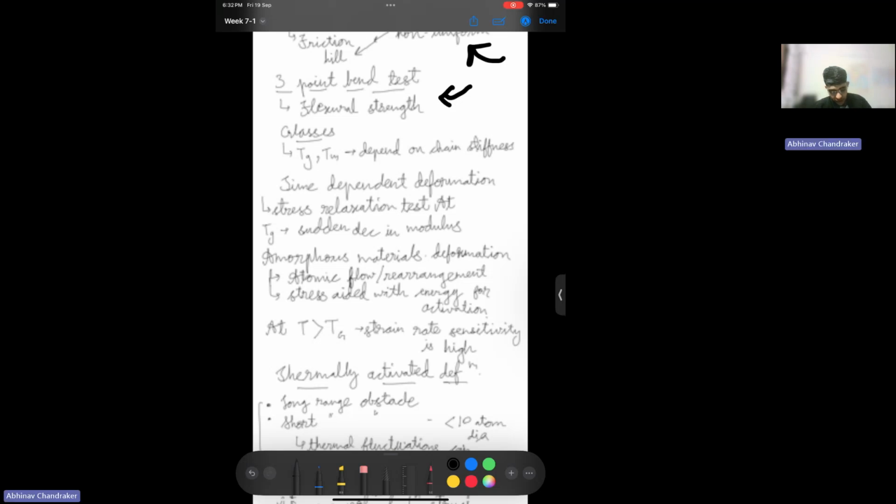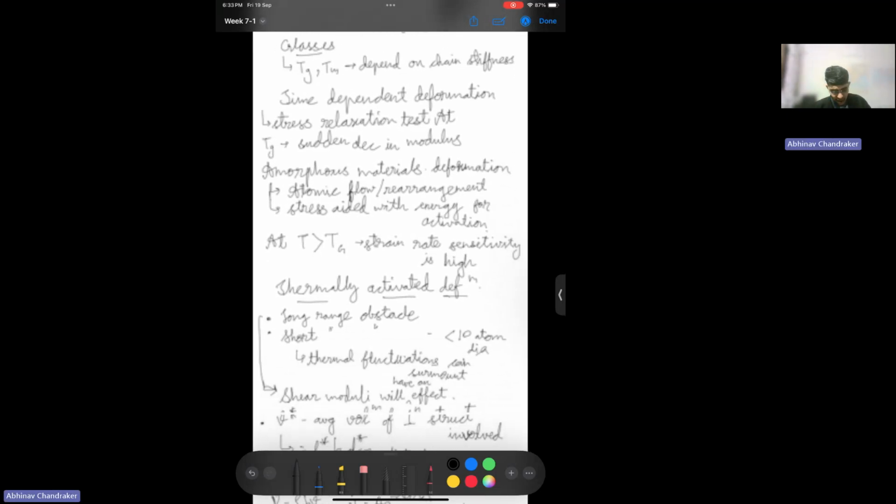They also show time dependent deformation because of their amorphous nature, and so they are kind of viscous materials. Even at lower temperatures they will show some time dependent deformation, which is much more pronounced than in metals or crystalline materials. And this is because of their glassy structure.